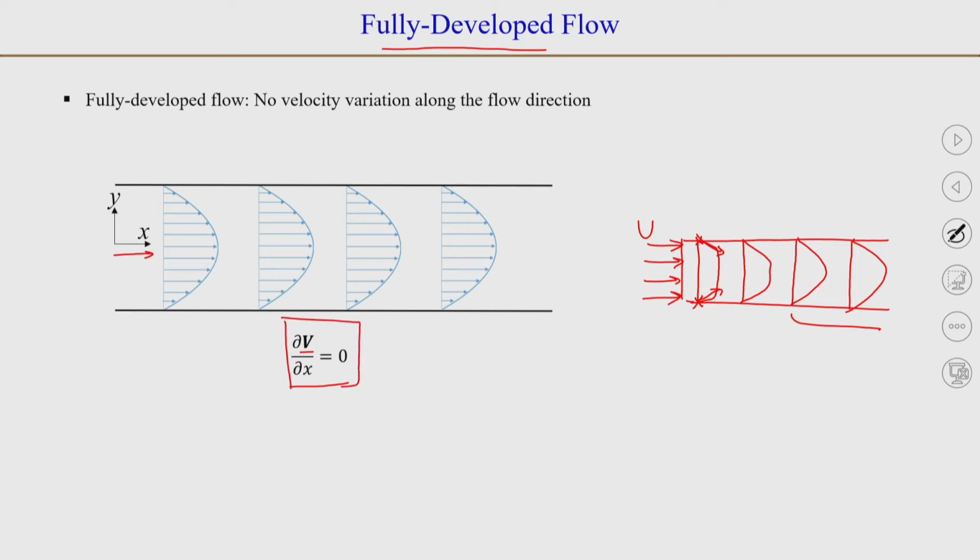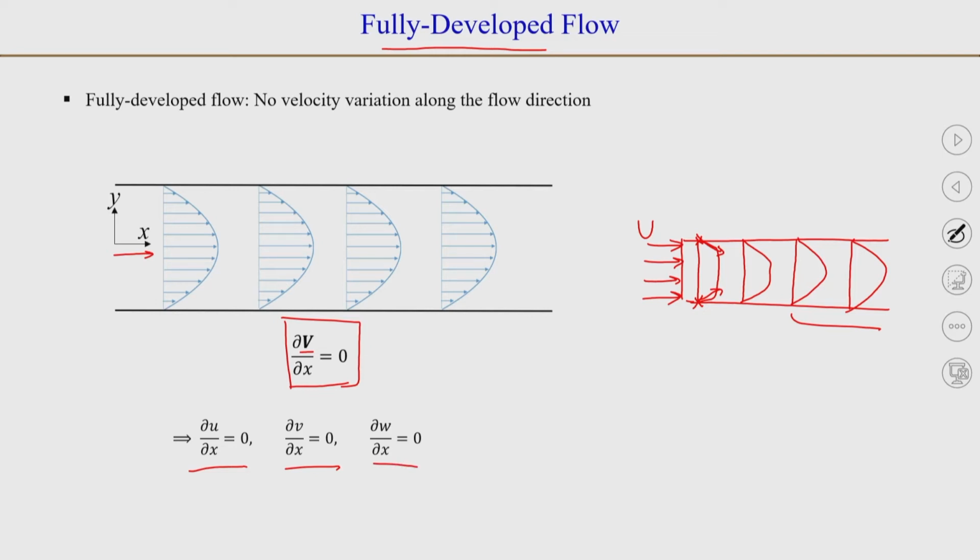If it is a pipe flow, then x might be the axial direction. If it is flow between two parallel plates, then x might be the direction parallel to the plates. We can write this in the component form: ∂u/∂x is equal to 0, ∂v/∂x is equal to 0, and ∂w/∂x is equal to 0.